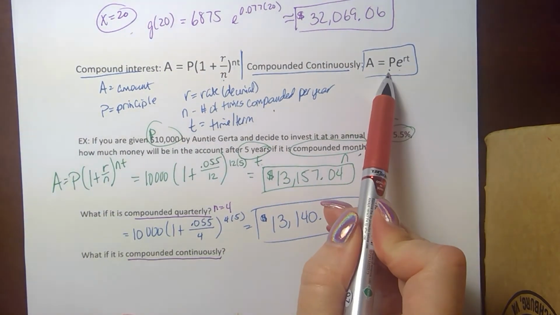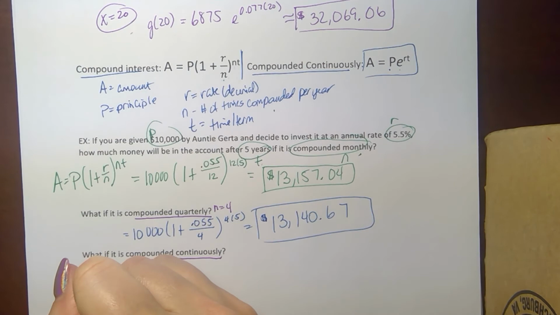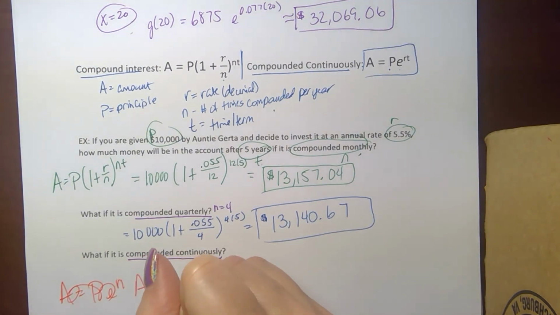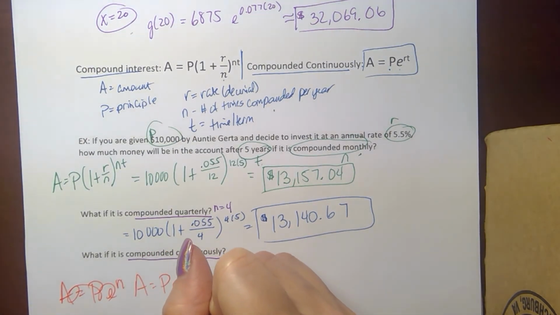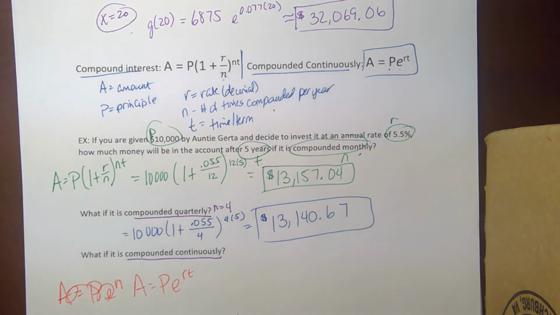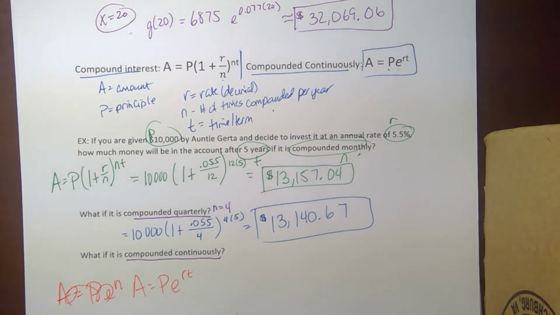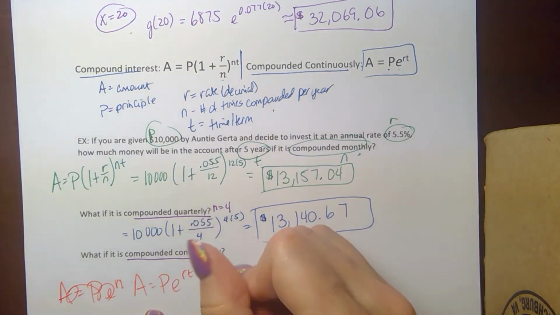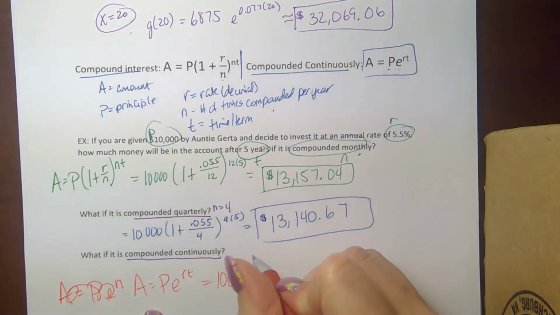If it's compounded continuously, we use the other simpler formula, P times e to the, let me rewrite that. A equals P times e to the RT power. That's my compounded continuously power, or formula. Principal, still my $10,000 Gerda gave me.